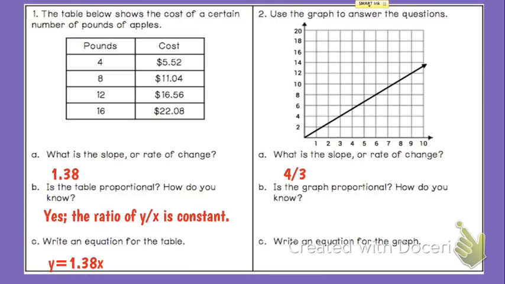So I'm finding 2 points on my line, and my first point is at 0, 0. My second point is at 3, 4. So I'm going to rise up, and then I'm going to run. My y has been counted by 2, so I've risen up 2, 4. And my x has been counted by 1s, and I have run 1, 2, 3. So that gives me 4/3.